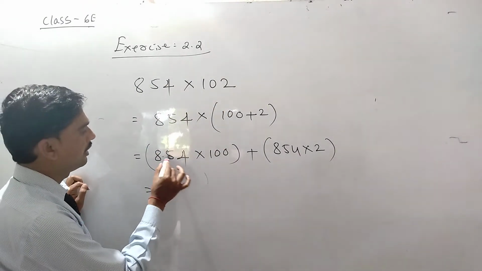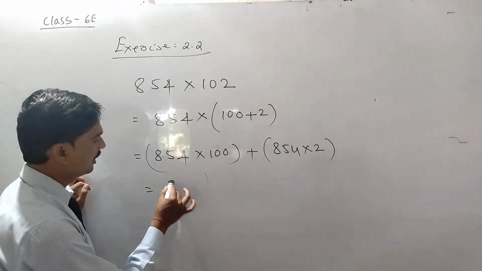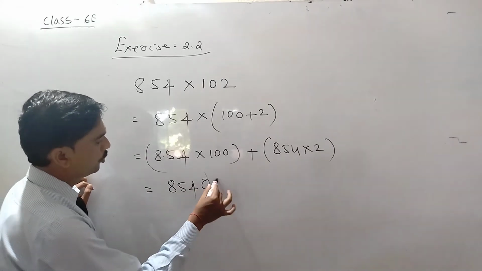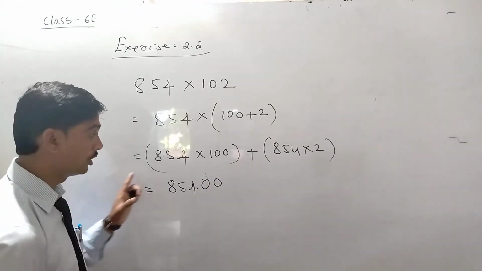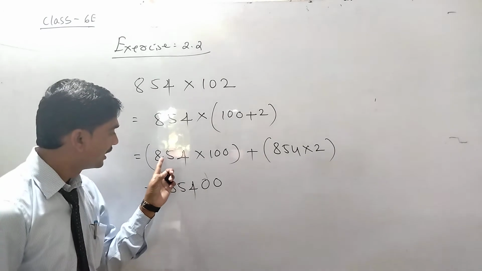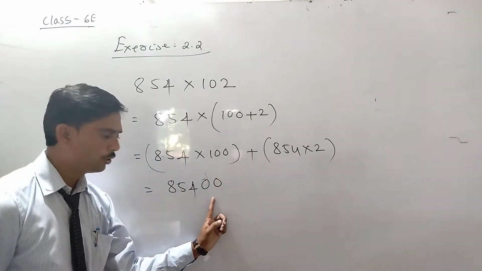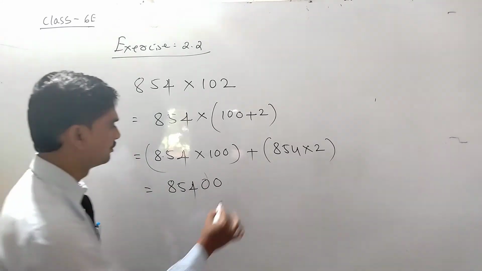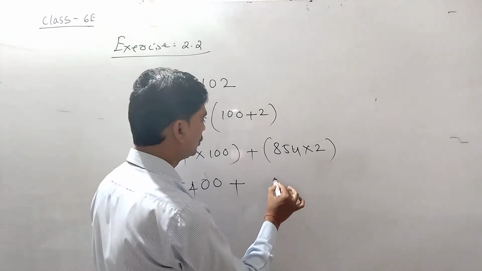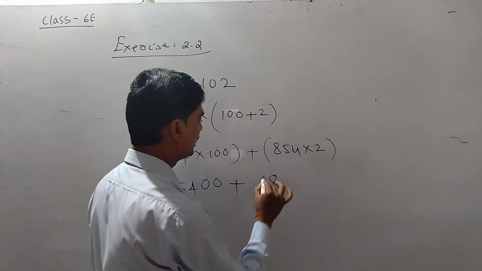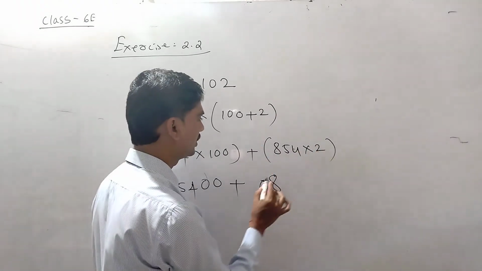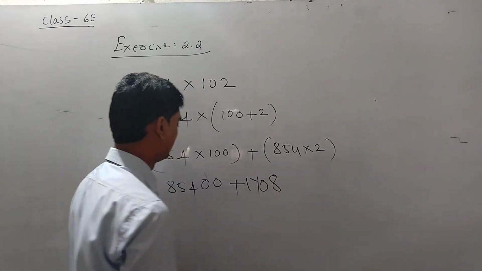Then 854 ones are 854. 2 zeros you should keep directly there, because you know how to solve this. Then plus 4 twos are 8, 2 fives are 10 plus 1 carry, 8 twos are 16 plus 1, 17.